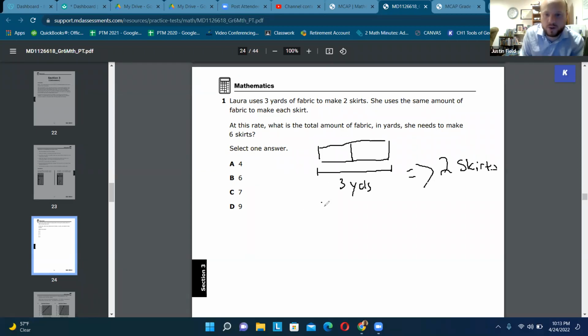Okay, so first of all, we can take that 3 yards and divide it by 2. And so 2 goes into 3 one time. 1 times 2 is 2. And then to divide with decimals, we just add a 0 and then bring that 0 down. 2 goes into 10, and decimal point there, 5 times.